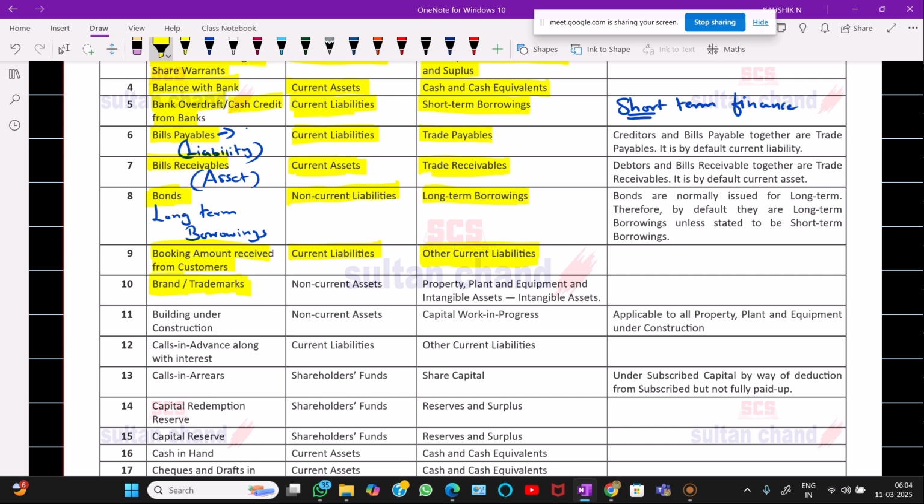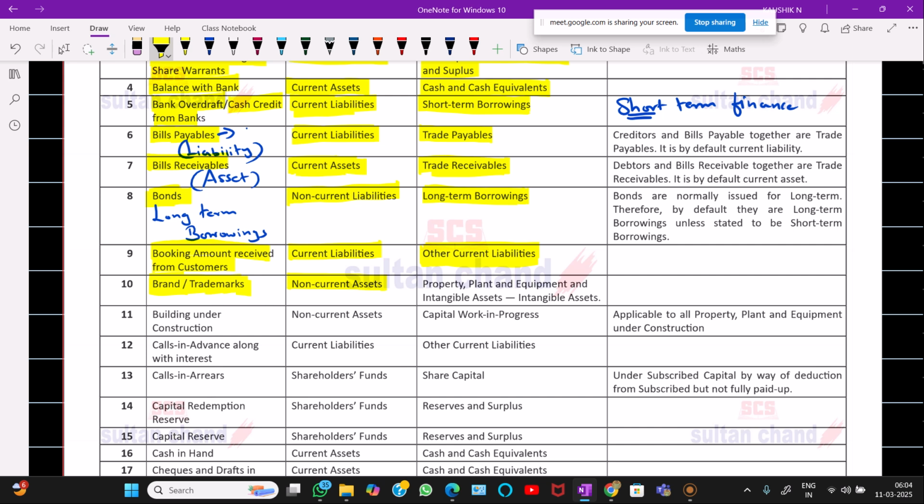Sir, it should not be said as fixed assets, sir. Then how should it be denoted? Non-current assets, sir. Very good. So brand or trademark, basically they are fixed assets, but we should not say fixed asset. They should be denoted as non-current assets.